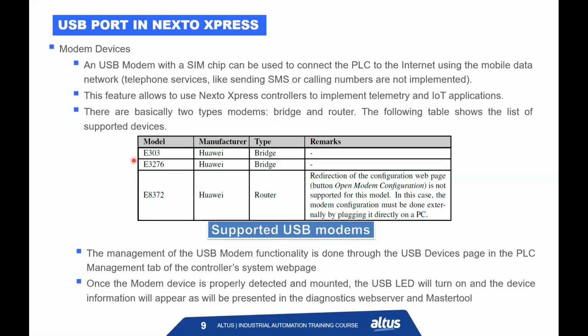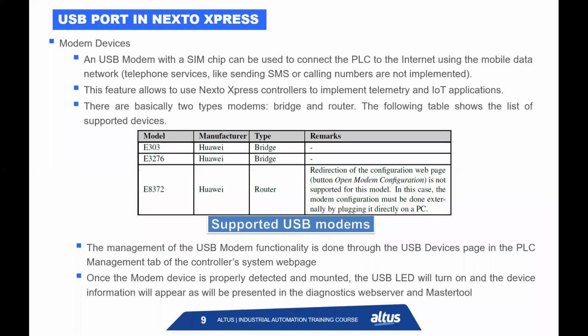Or, for example, control exactly what we did last week using the embedded web server. So you can control it from your place here or any place in the world, just knowing the IP, and you can connect to it. This is the main functionality of the Wi-Fi and the USB modem device.